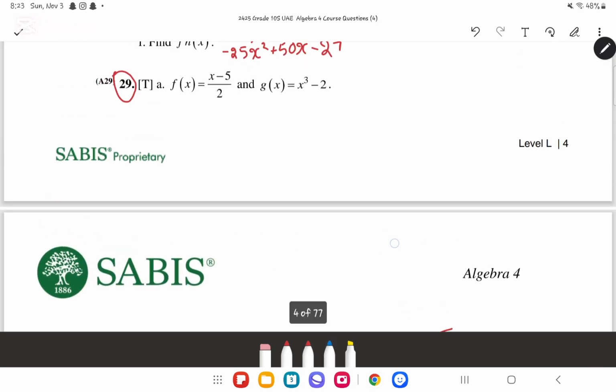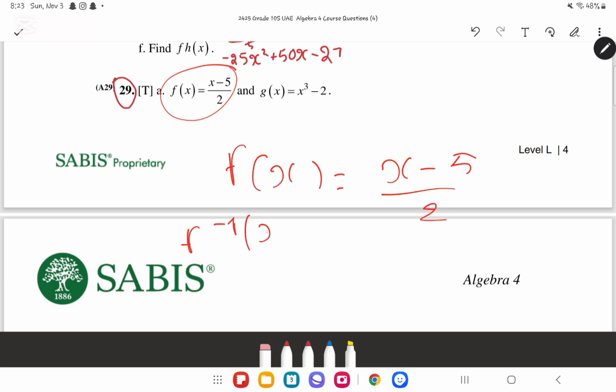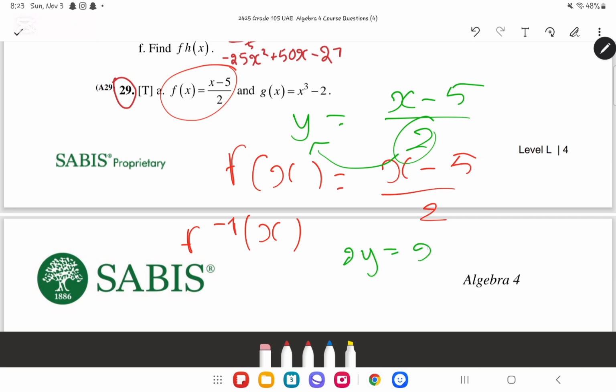Now, they need us to find the inverse of fx. Very simply, we have this as fx. fx is equal to (x minus 5) over 2. They need the inverse, so to find the inverse, we're going to change the fx into y. Y is equal to (x minus 5) over 2, multiplied by 2 over here. You're now going to get 2y is equal to x minus 5. Bring minus 5 to the other side.